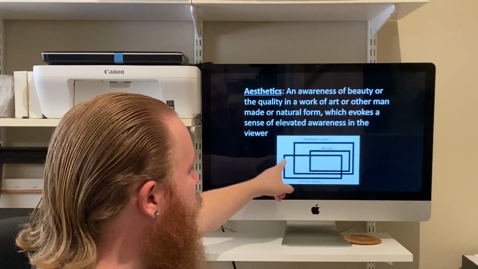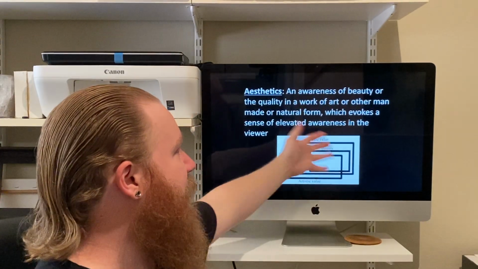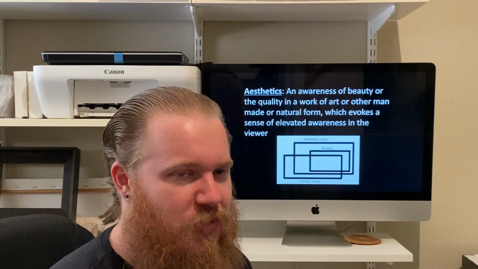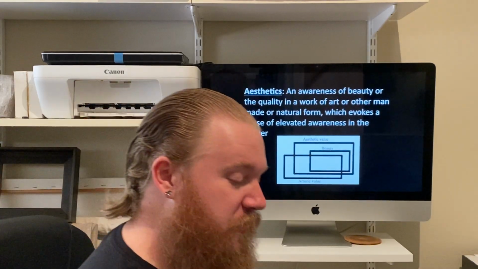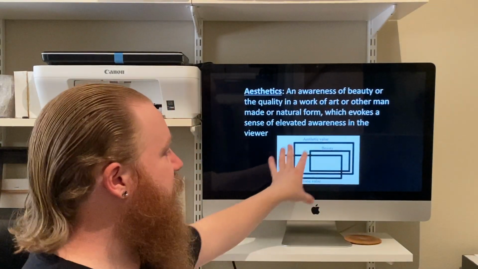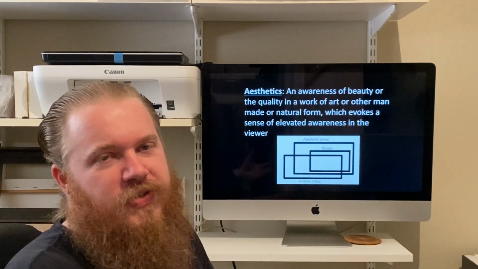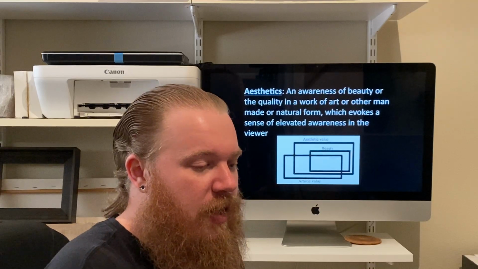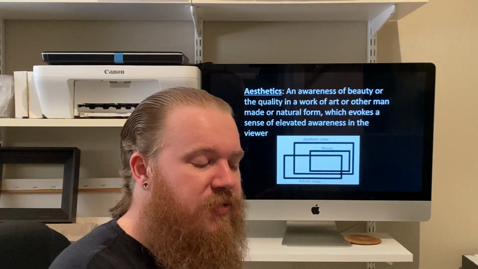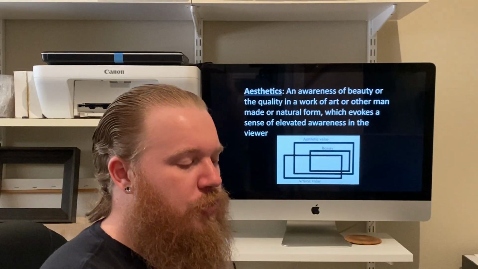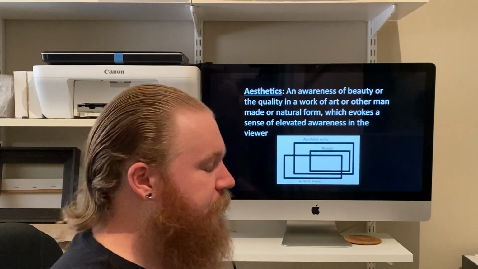And likewise, it could have artistic value without having aesthetic value or beauty whatsoever. And so we'll see some examples of that. But once again, this is all very subjective. It's going to be based largely on us as the viewer and what ideas we bring to the table in connection to whatever work of art we're looking at.